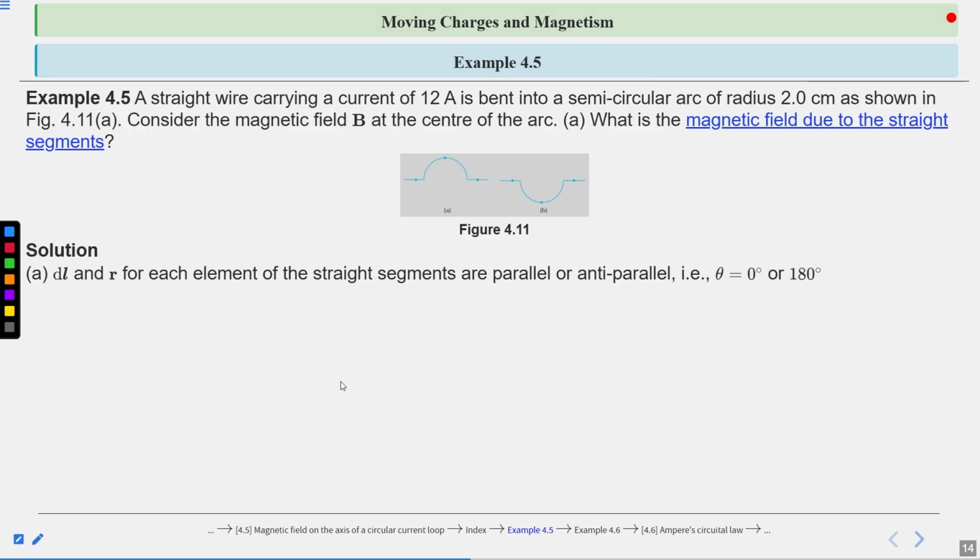In part a, dl and r for each element of the straight segments are parallel.